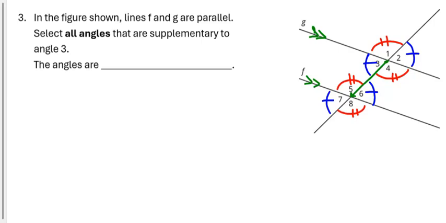So since angle 3 is blue, I'm looking at all the angles that are red. So angles 1 and 3 would be 180. 3 and 4 would be 180. 3 and 5 would be 180, and 3 and 8 would be 180. So angle 3 being blue, I'm going to pair it up with all the red angles.